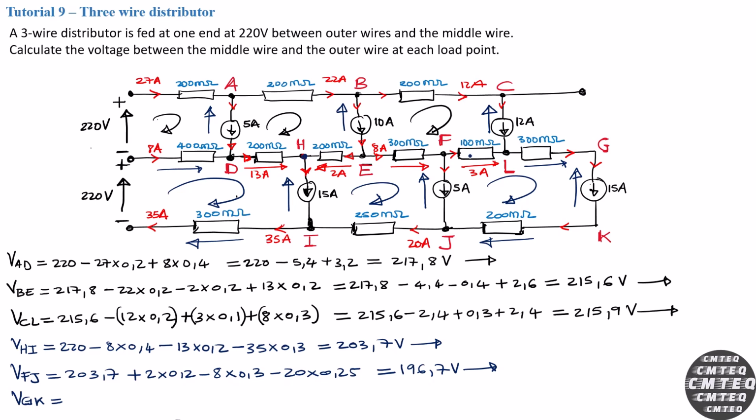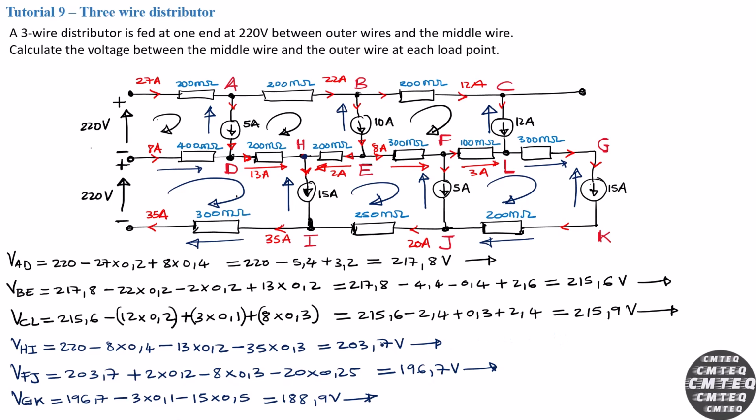So at this point here we've got 196.7 minus 0.3 times 0.1, minus, that's going to be 0.5, so it's 300 plus 200 milliohm, and the current is 15 amps, so it's going to be 15 times 0.5, and that's going to give us a voltage of 188.9 volt.